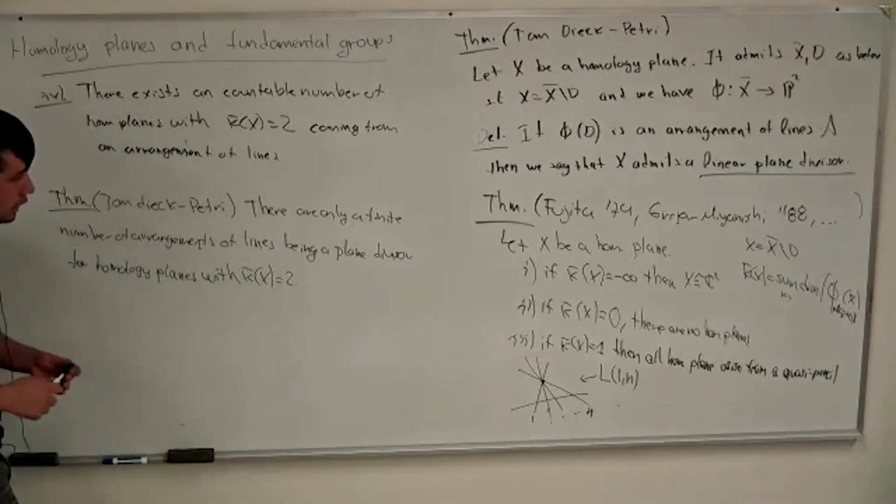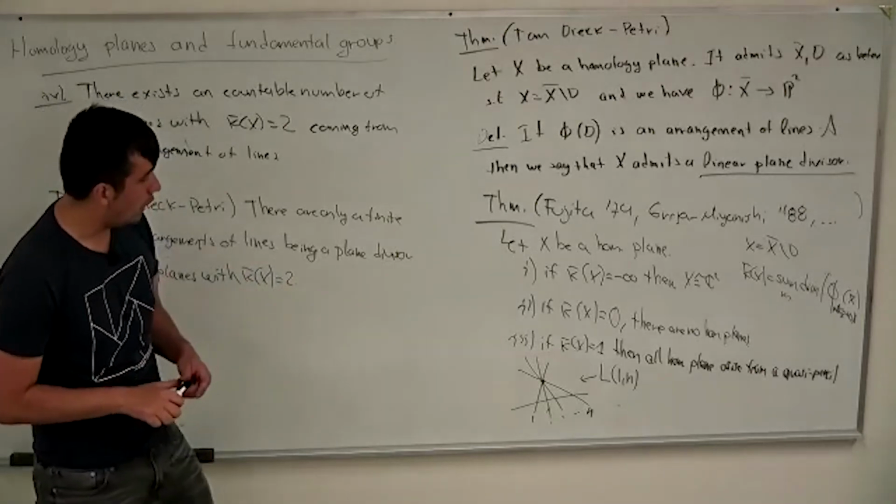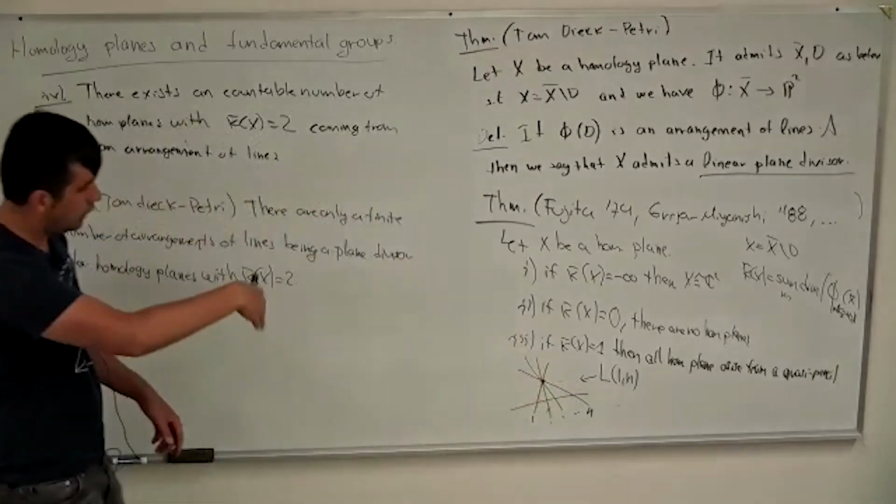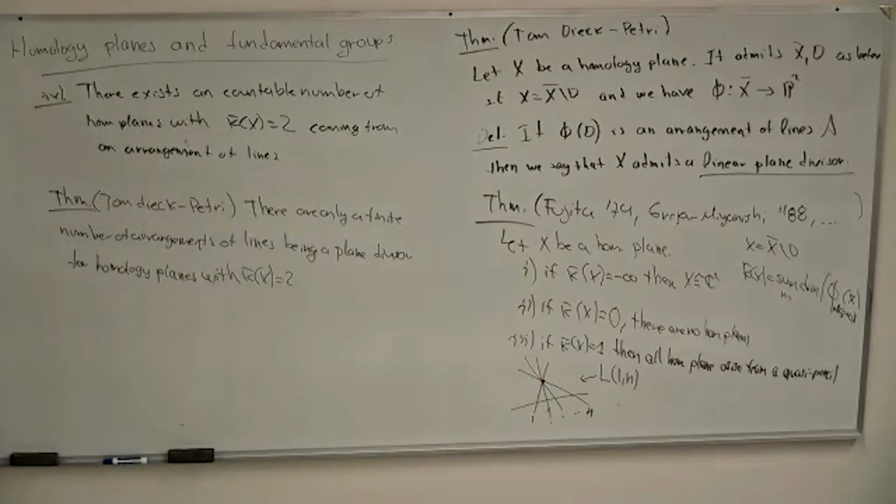So of course, when we have logarithmic Kodaira dimension 1, for every n you will have a different arrangement. But when you are in the general case, logarithmic Kodaira dimension equal to 2, then there exists only a finite number of them.